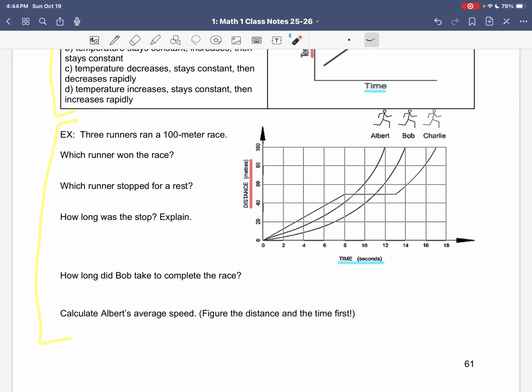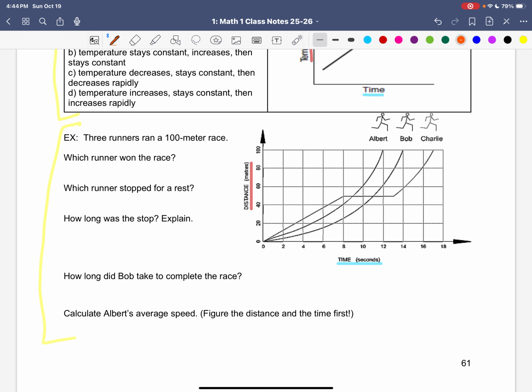If you stop, your speed will be constant, which means a horizontal line. So in this case, I'm just going to put horizontal over here. Remember, horizontal goes that direction.